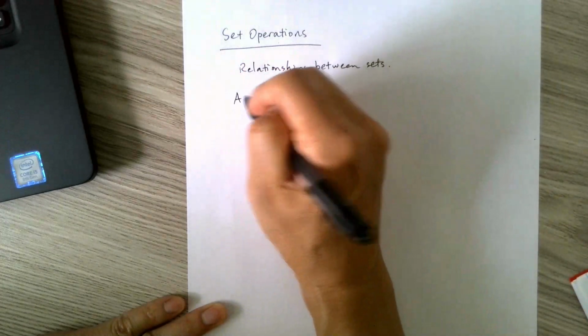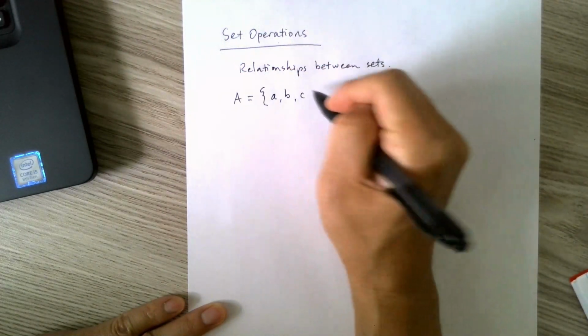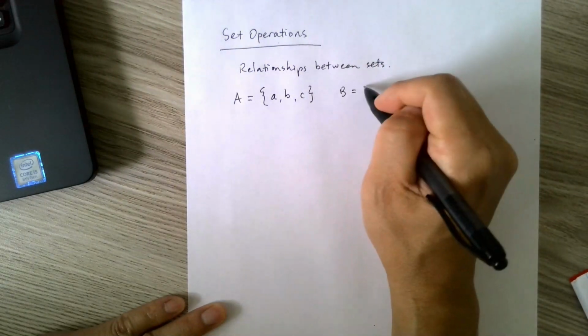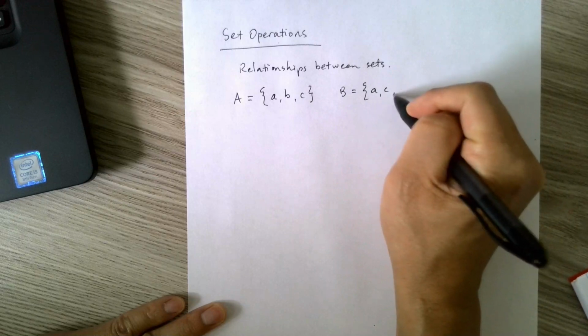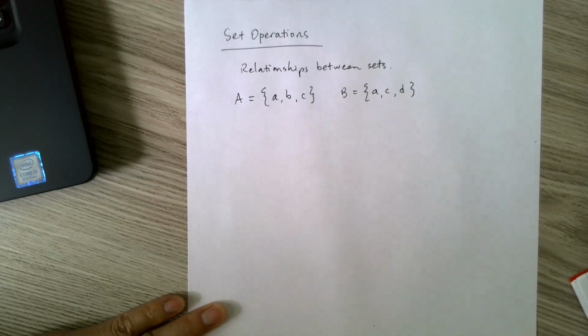So I'm going to make up two sets. Set A containing these lowercase letters, and set B containing these lowercase letters. And I'm just curious about something.